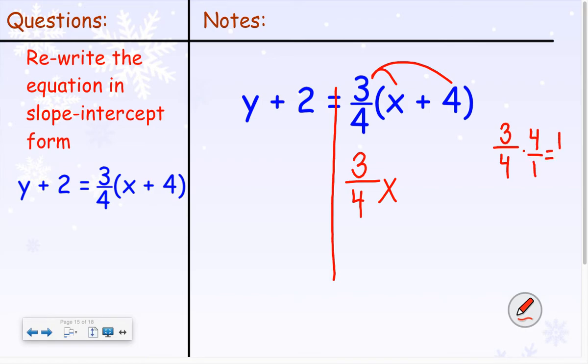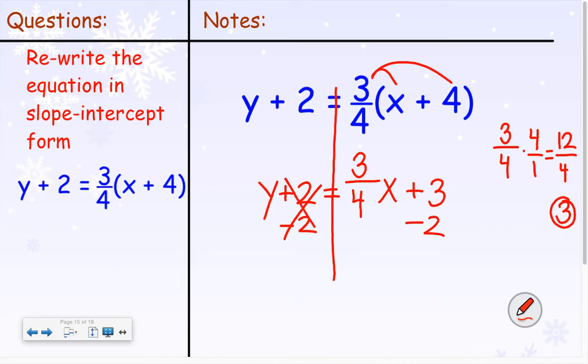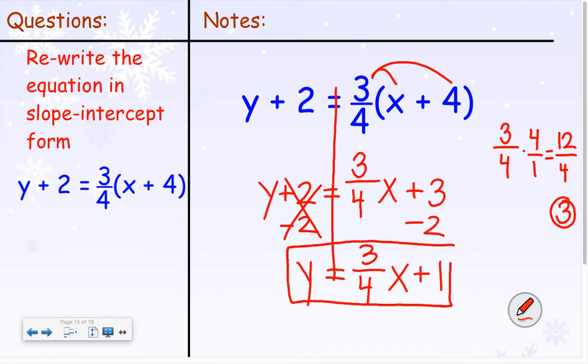So 3 times 4 is 12. 4 times 1 is 4. 12 divided by 4 is 3. So plus 3. Bring down the y plus 2. And minus 2 on both sides. So I'm left with y equals 3/4 x. 3 minus 2 is 1.